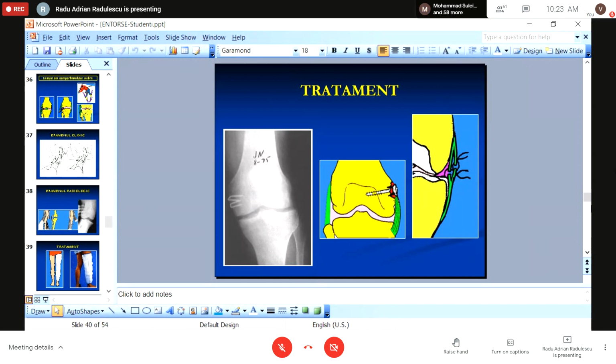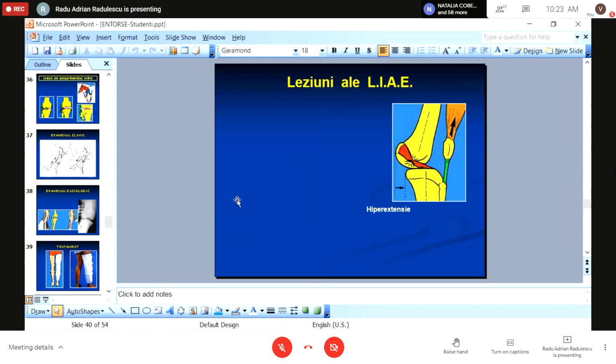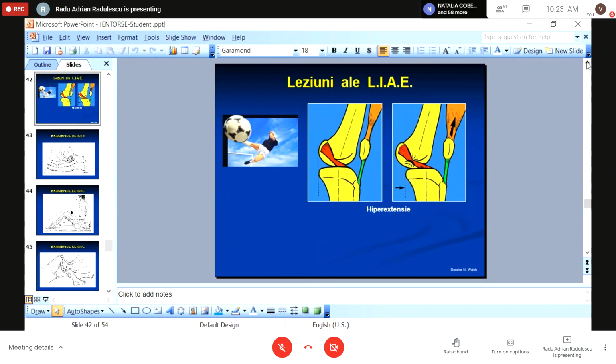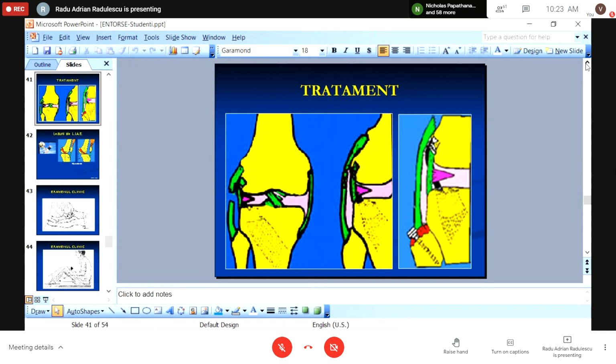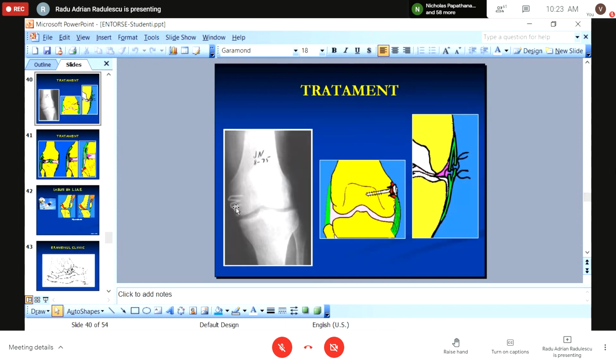And here are some possible methods of fixation of the medial collateral ligament. We may use these staples at the proximal insertion of the ligament, or we can use a screw with a special washer, which may also reattach the ligament in place, or we may use a suture with non-absorbable sutures.